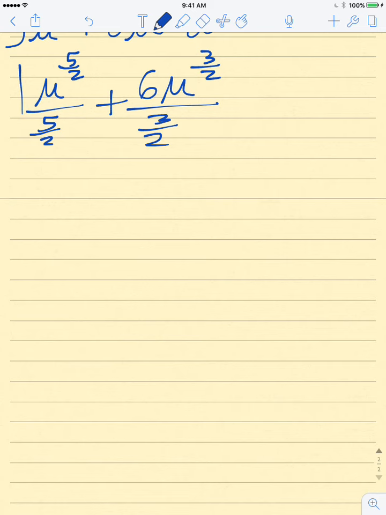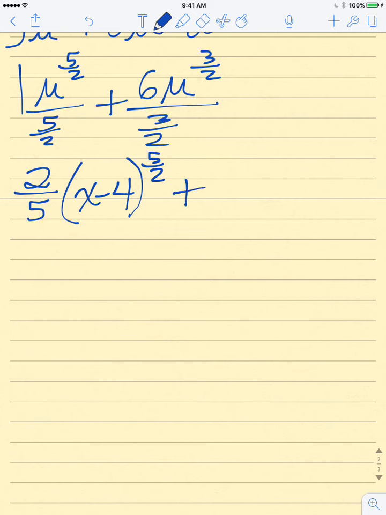So this is going to be 2/5 times x minus 4 to the 5/2 power plus 2/3 times 6 is 4 times x minus 4 to the 3/2 power, of course, plus c. And that's your answer for number 10.